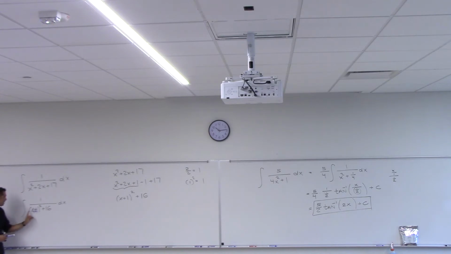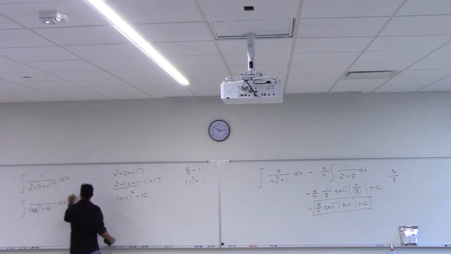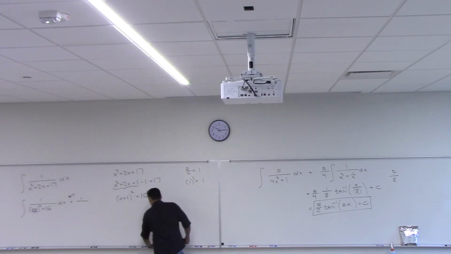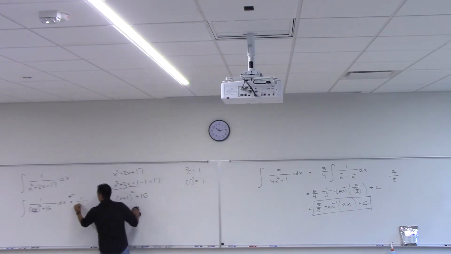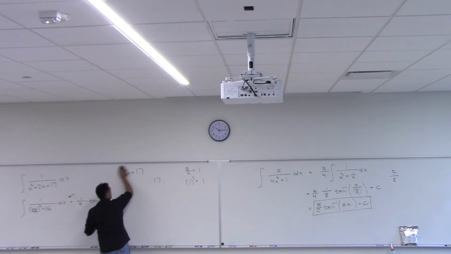But I don't have that. I just have x plus 1. So can I just go straight to the formula? So formula 17 is 1 over a. What's a for us? 4. Formula 17 is arctangent, right? And this is the part that you have to be careful with. Arctangent of what?